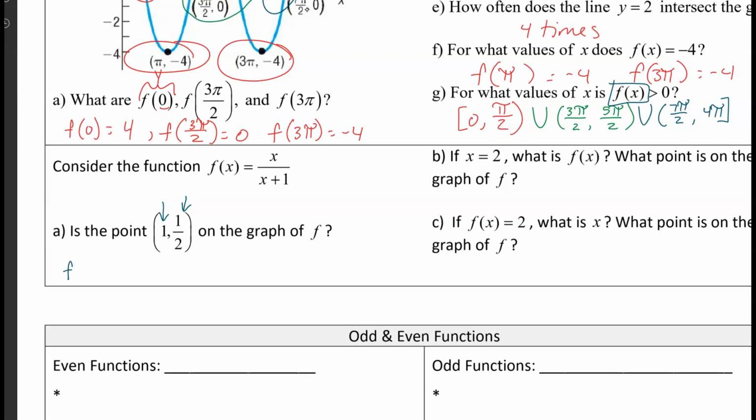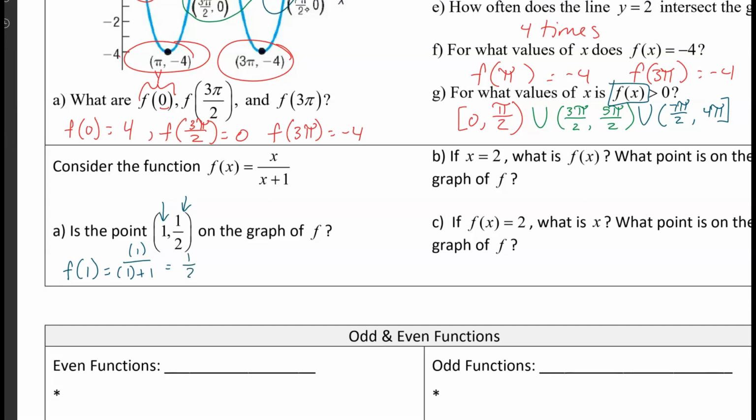So let's just go ahead and quickly do that. I'm going to input the x value of 1. And what does that simplify down to? 1/2.